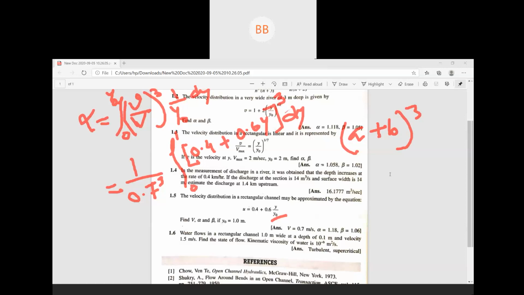Okay, so break this 0.4 plus 0.6 y whole cube as a plus b whole cube, and then you start solving.